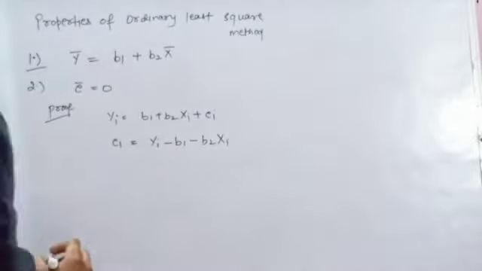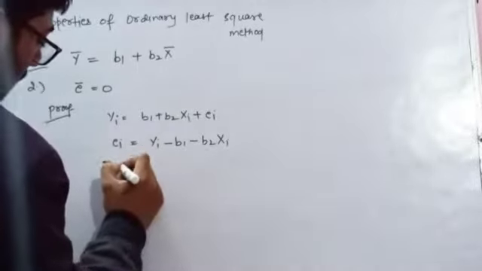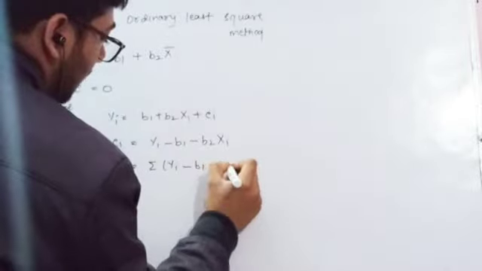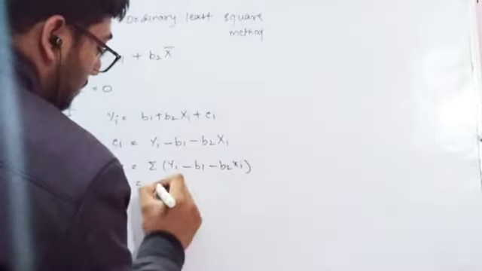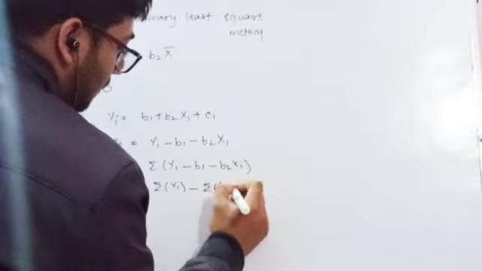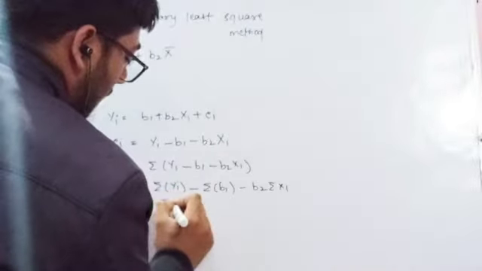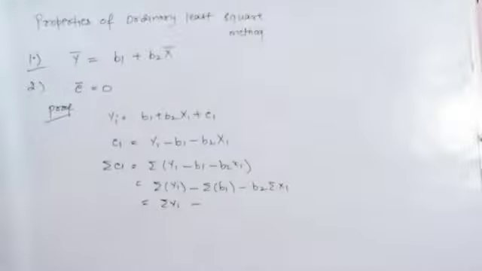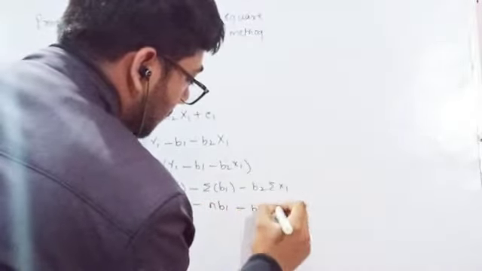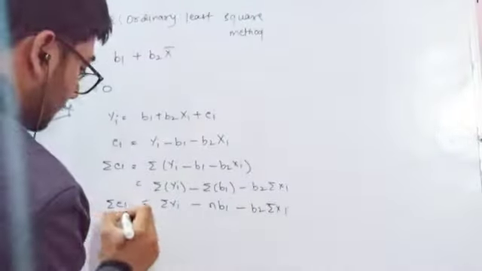Now take summation on both sides. Summation ei is equal to summation yi minus b1 minus b2 xi, which is summation yi minus n b1 minus b2 summation xi. Divide both sides by n.